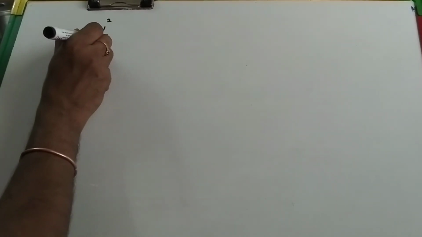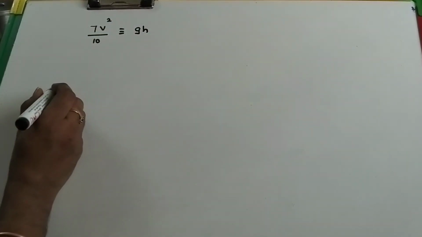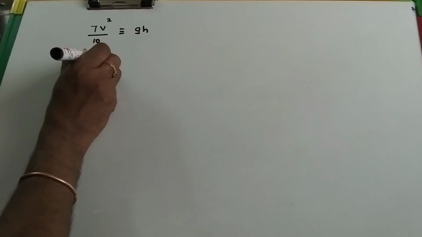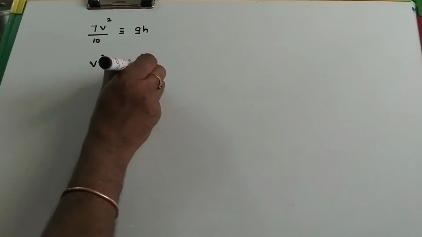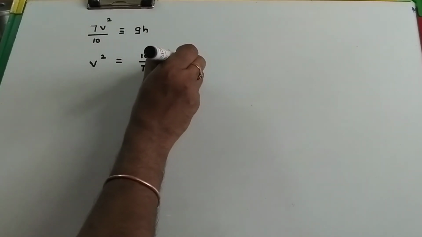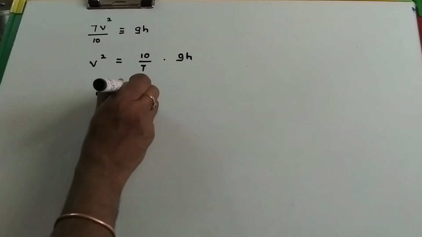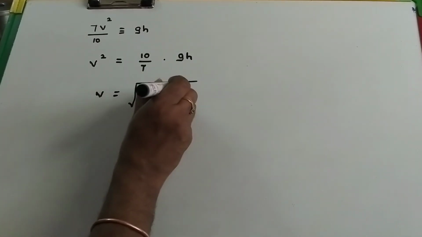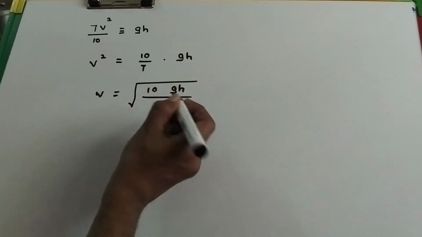Therefore 7v²/10 = gh. Therefore v² = 10/7 gh. Therefore v = √(10gh/7).